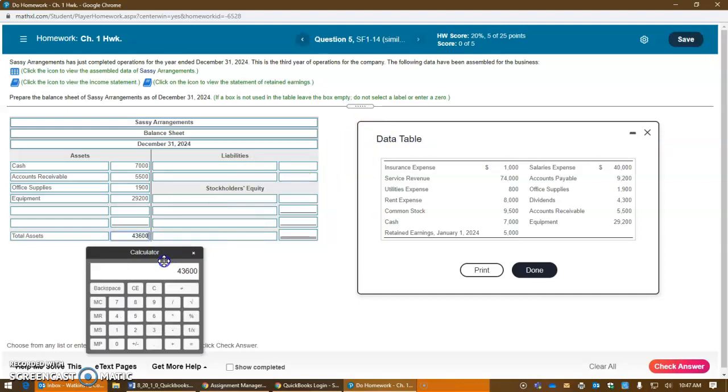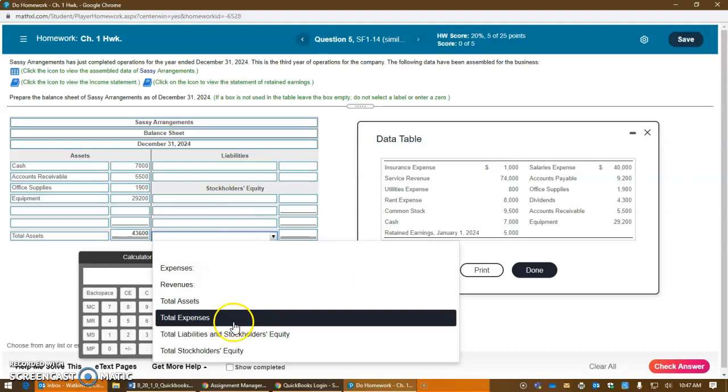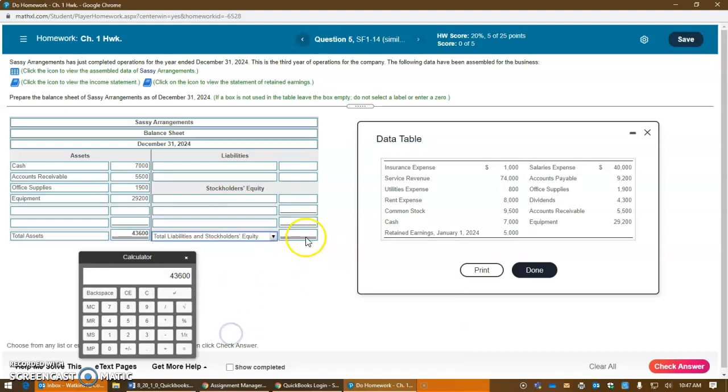Total assets. So this total over here, liabilities and equity, for our equation to be in balance must also equal $43,600. So I'm going to just go ahead and put that there. That's a check for me, to make sure that our accounting equation is in balance.